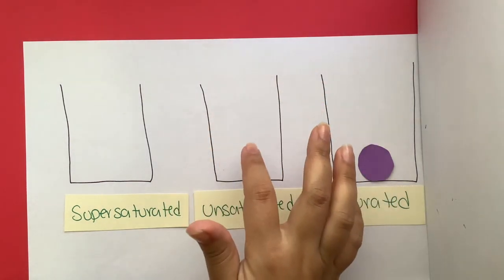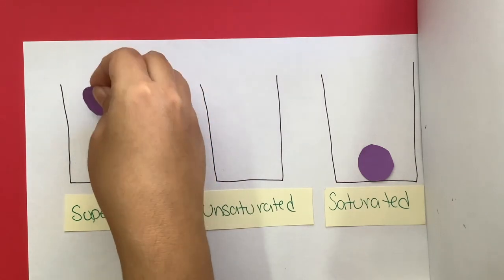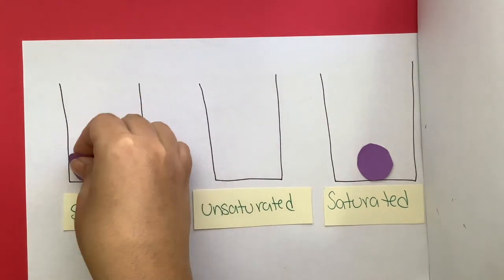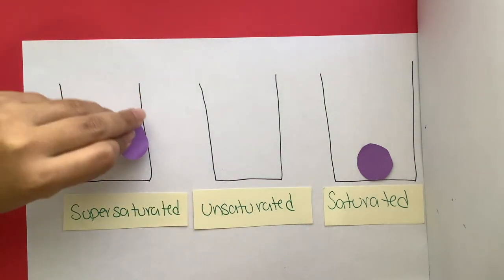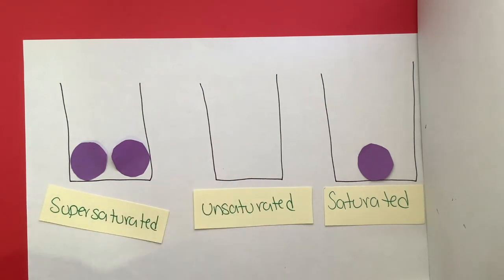More solute can be dissolved here. Now, if I add a crystal to my supersaturated solution and more crystals form and go to the bottom, then that means that yes, I was correct. This was a supersaturated solution.